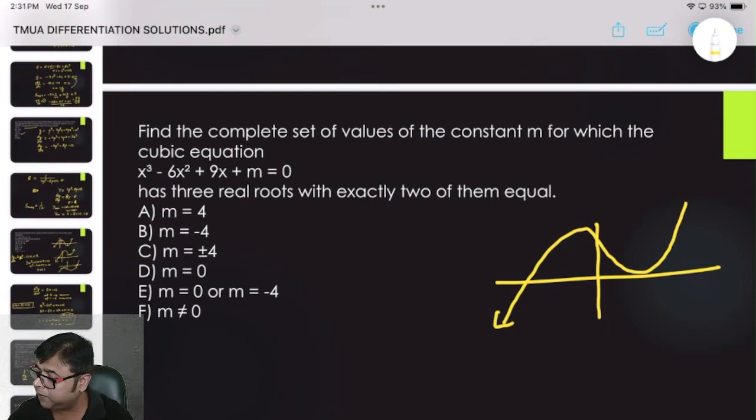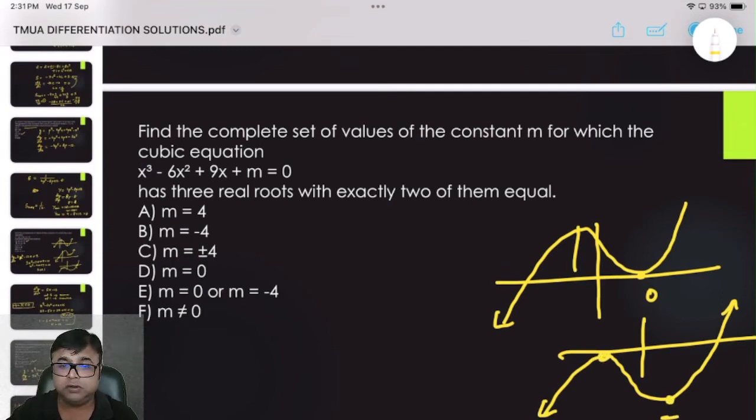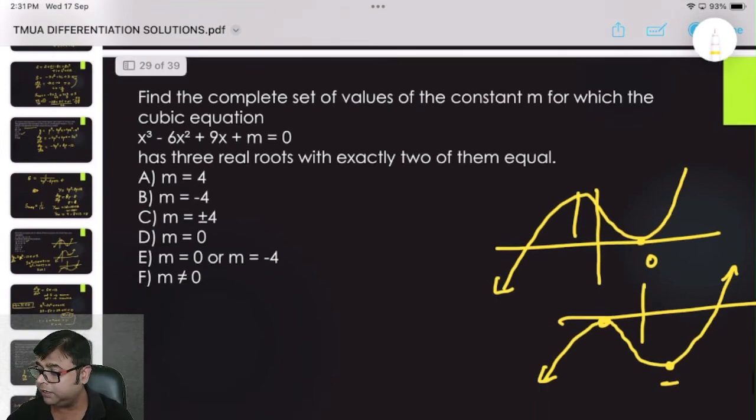So at the minimum value it should be like this also. It can be like this. So at one of the minimum or maximum value, the value should be 0. Here if it is 0, here it's positive. And here if it is negative, here it's 0. So these are the two things that I need to cover.